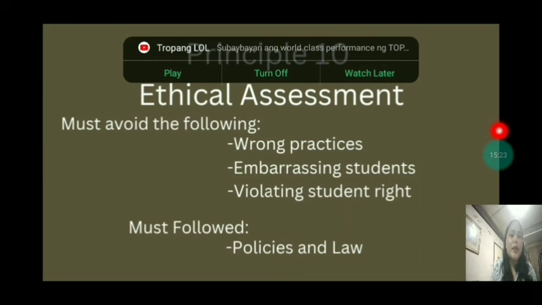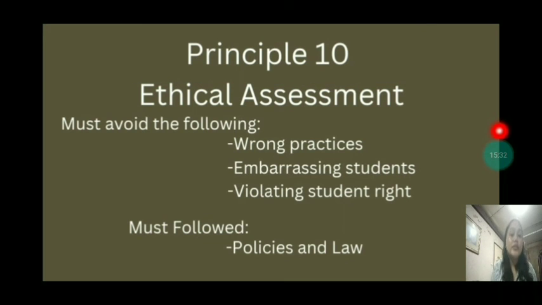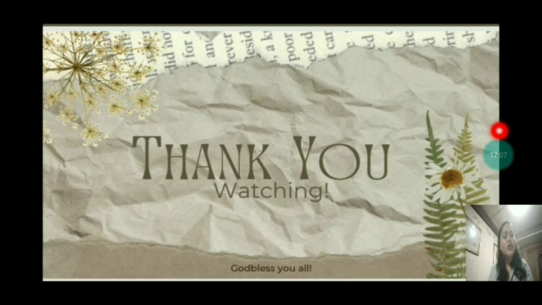The teacher must avoid wrong practices such as embarrassing students and violating students' rights, and instead must follow the policies and laws, or the rules and regulations, in the classroom setting.